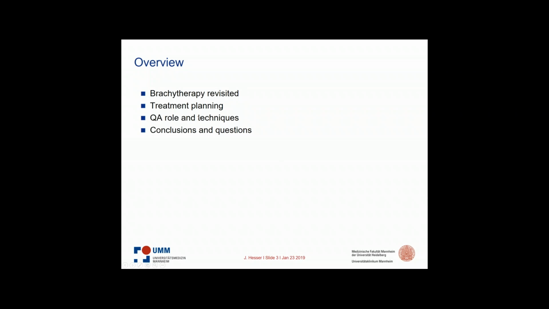So what I'm talking about today is, shortly, to present a little bit of the brachytherapy part in case it might not be that present anymore. What brachytherapy means, then go directly to what is meant by treatment planning, go on to the QA role, quality assurance role and techniques, give at the very end some conclusions and questions, and then we hand it over to my colleague Ernest, who will discuss the clinical implementation of these two things.